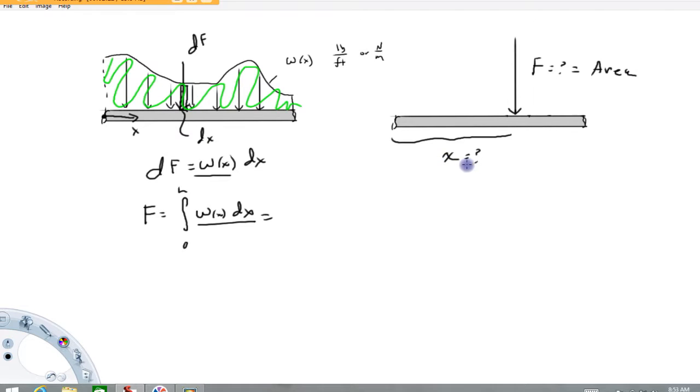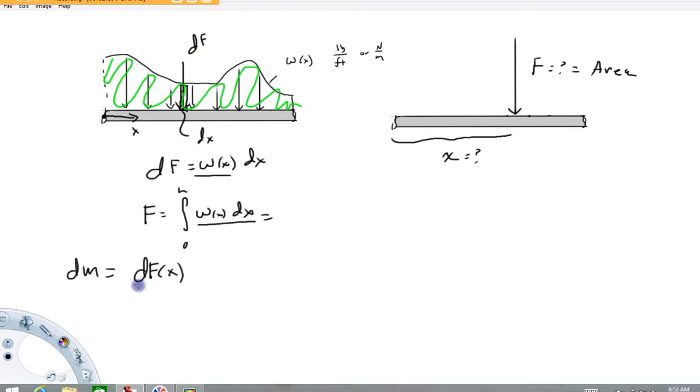The next question is, what about our x? Where does the force go? That's found by setting the moment due to our distributed load equal to the moment due to our single force vector. On the left-hand side, the moment of this force about this point would be the force dF times the distance x. That gives a dm, because this force is infinitely small.